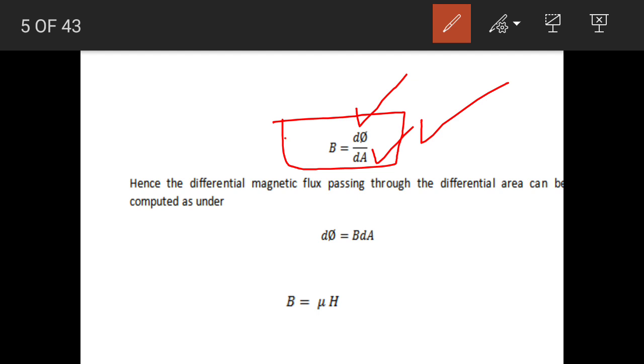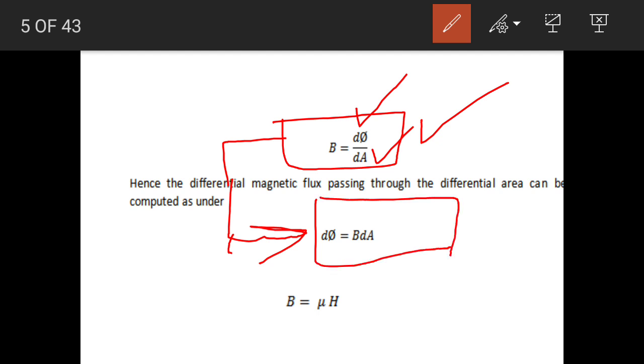And if we want to calculate the differential magnetic flux passing through the differential area, we can calculate it with the help of this particular equation as well. The differential magnetic flux will be equal to BdA. We know the well-known relationship between the magnetic flux density and the magnetic field intensity.